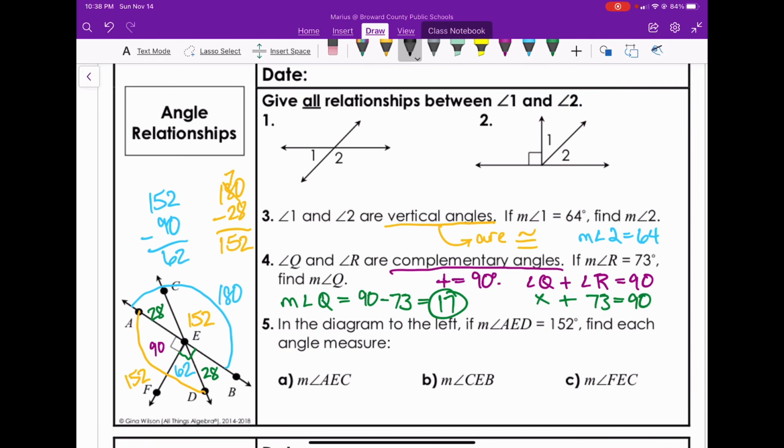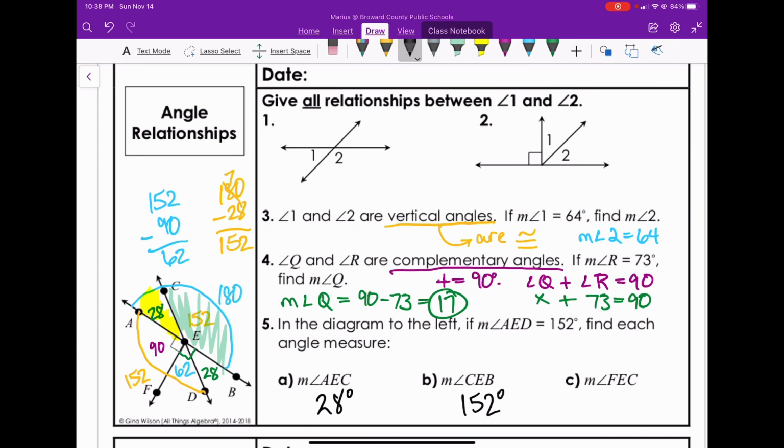For number 5, the measure of AEC, which is this slice right here, is 28 degrees. CEB is that piece, which is 152 degrees.